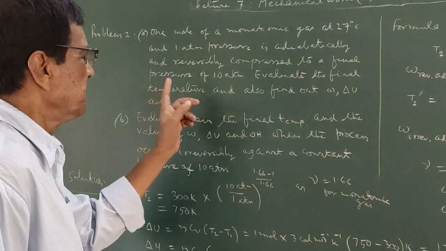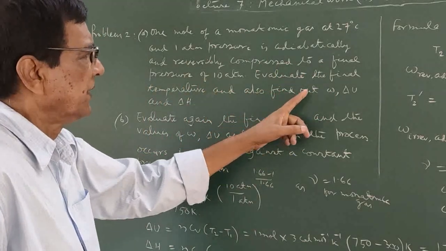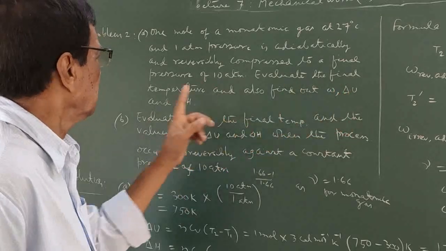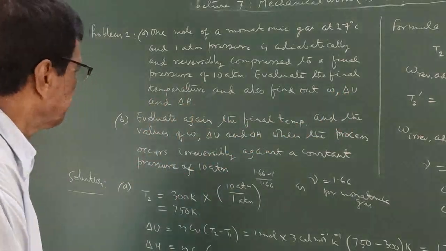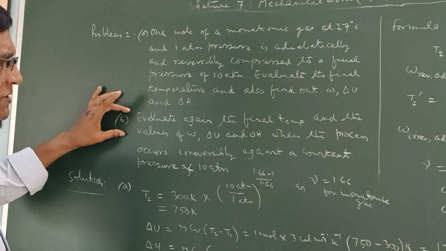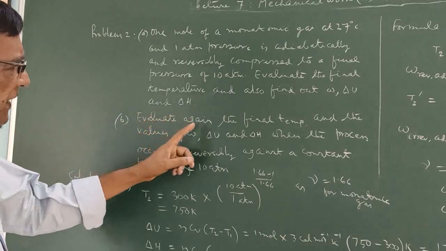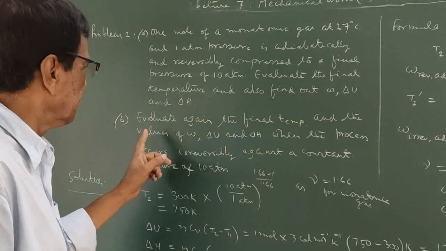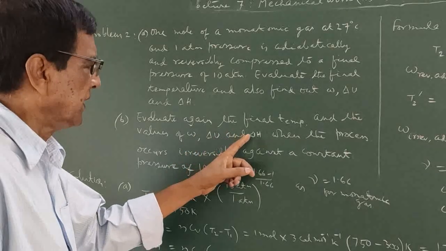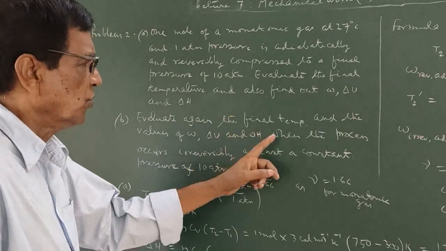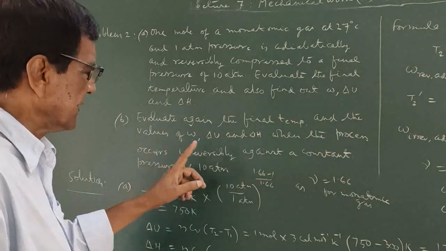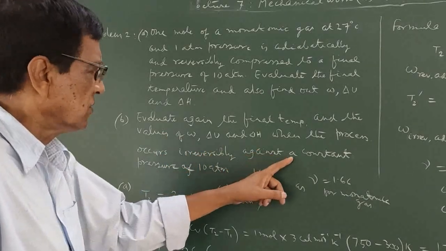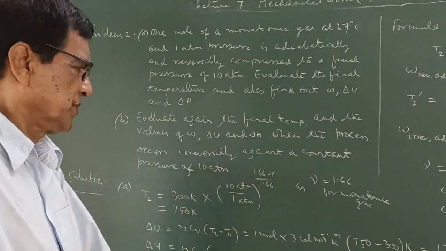Evaluate the final temperature and also find out W, delta U and delta H. And second one, whenever it is irreversible, evaluate again the final temperature and the values of W, delta U and delta H when the process occurs irreversibly against a constant pressure of 10 atmosphere.